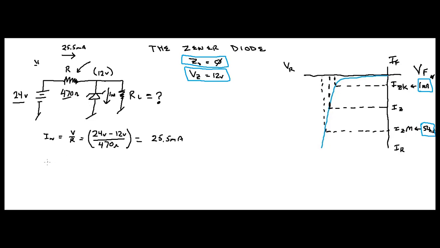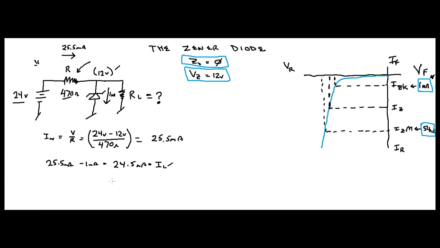Well, 25.5 milliamps minus 1 milliamp equals 24.5 milliamps. Got it? And that is going to equal the current through your load resistor right here. So what do you know? You know the voltage and you know the current. What can you calculate? Well, I think you've probably already figured that out.